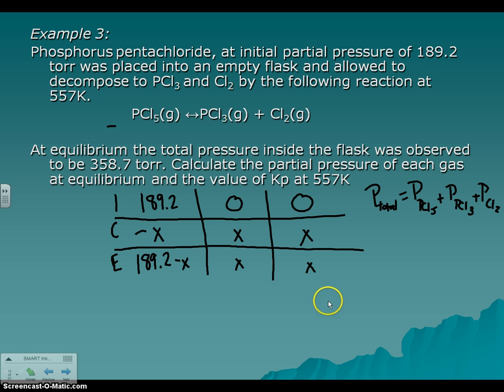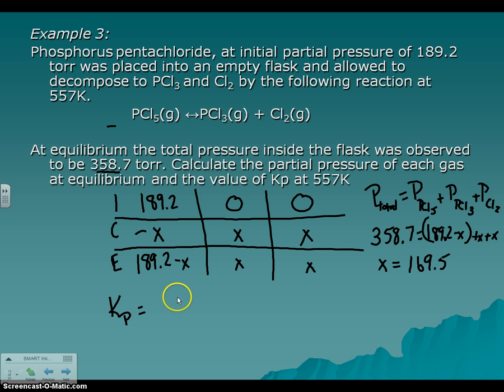The problem says my initial pressure is 189.2, and at equilibrium the total pressure is 358. That gives me more information to plug in and figure out X. So I've got my equilibrium values: 189.2 minus X, plus X, plus X. I can simplify this equation, and I now know that X is 169.5. I need these values to plug into my Kp expression.